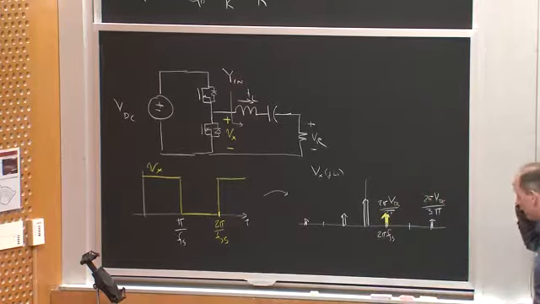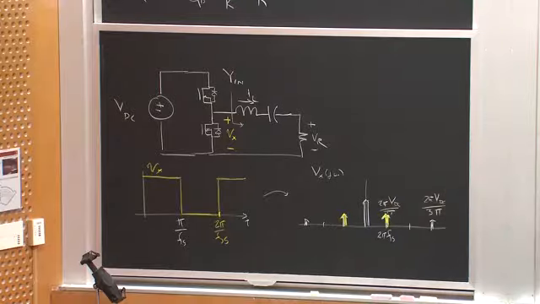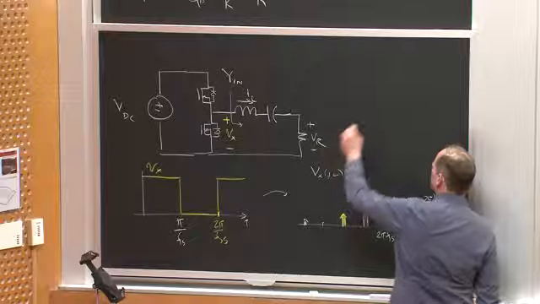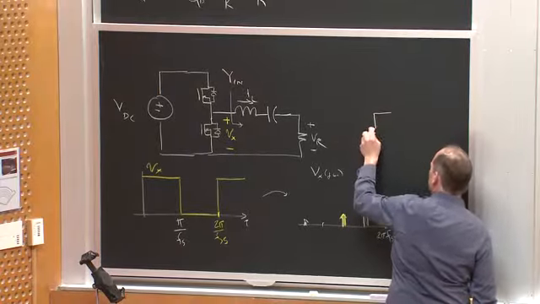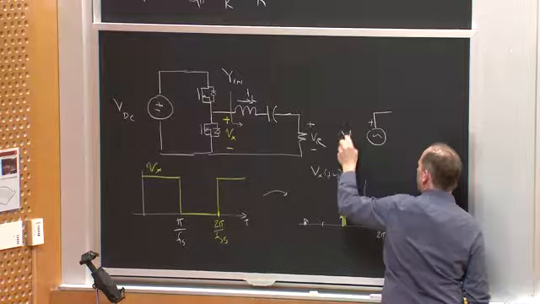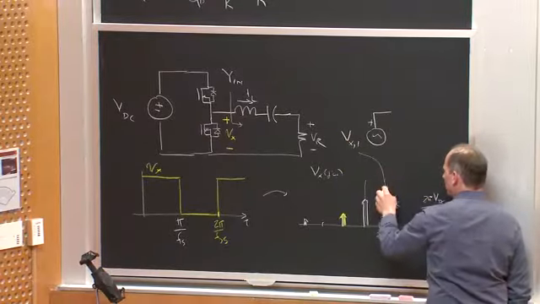okay? So I could then just say, let me just think about the fundamental component driving the network, okay? And so maybe I would kind of mentally approximate this as the following. I call this sort of Vx1, the fundamental component, right?